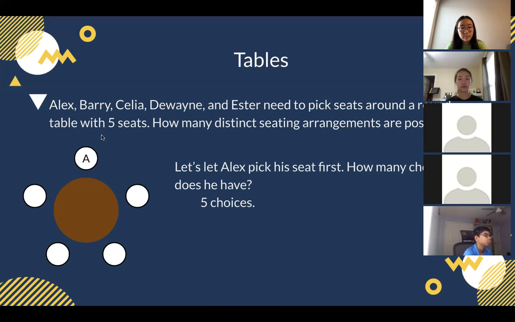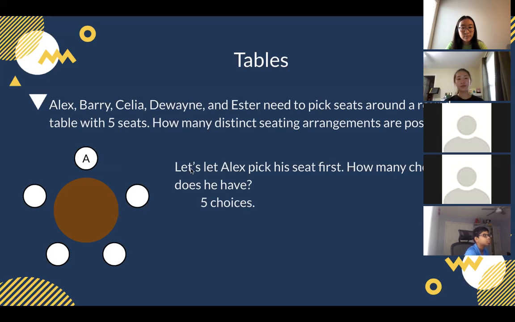It's not actually 120 again. Okay, 24. Do you know why it's 24? So Alex picks his seat first, so he has 5 choices.